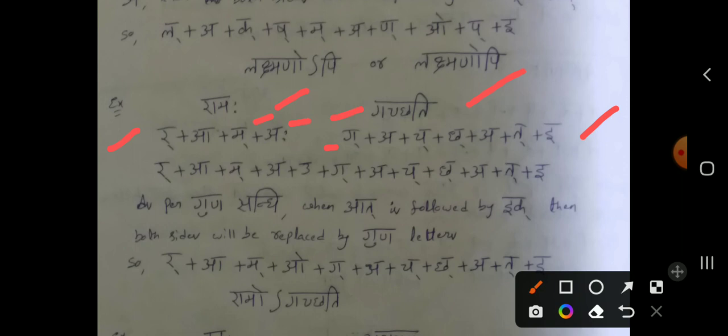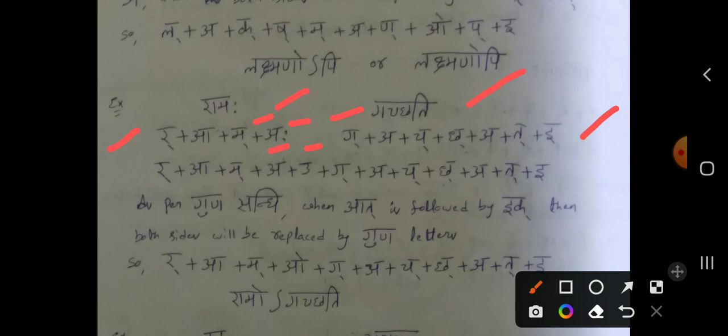So now the Adesha will be: Visarga will be replaced by the letter U. Here we have applied that rule, and all the other letters remain as they are on both sides. The only change is that Visarga is replaced by the letter U.